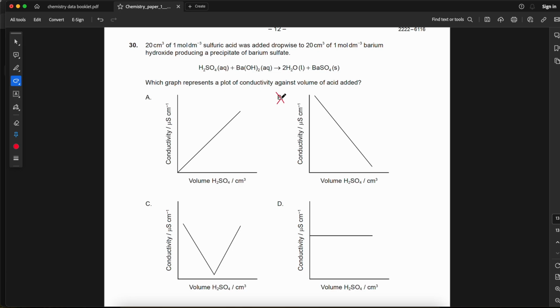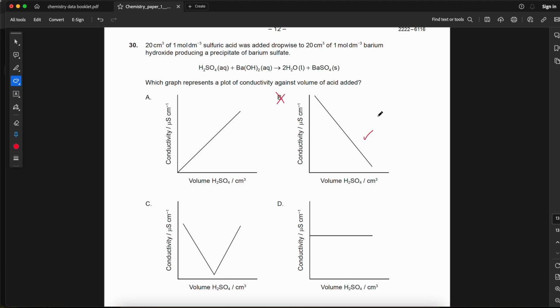The more you add dropwise, the more precipitation will form, and the more ions available in the solution will be consumed. Therefore, it will keep decreasing. So this will be the best graph for number 30.